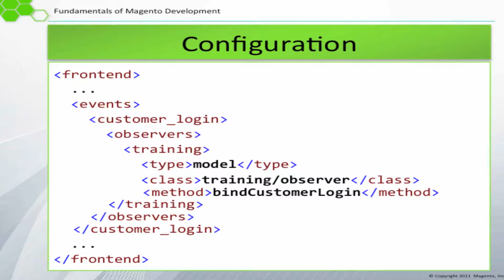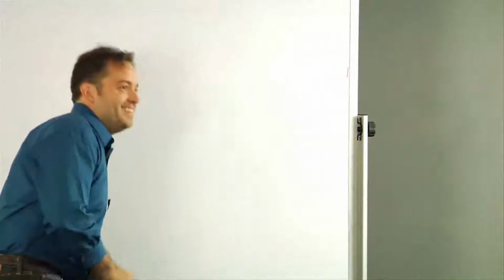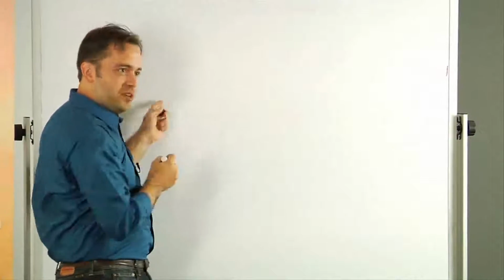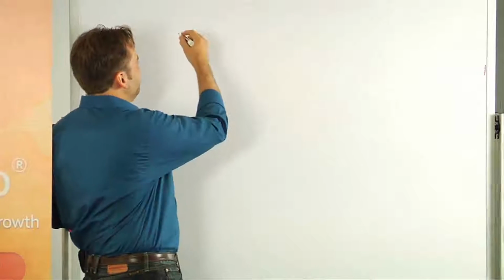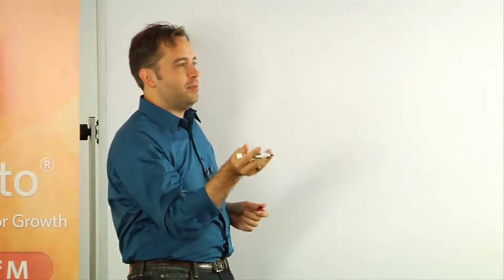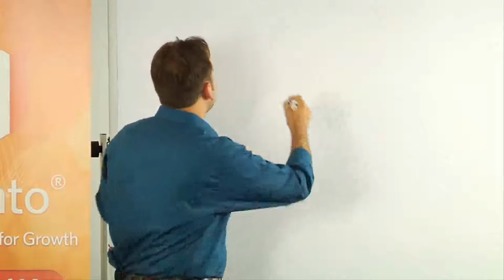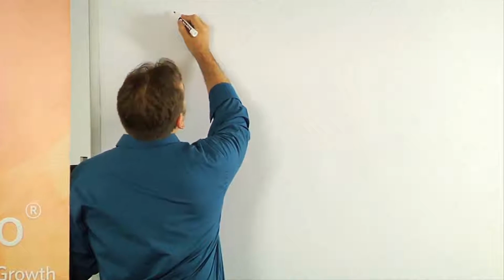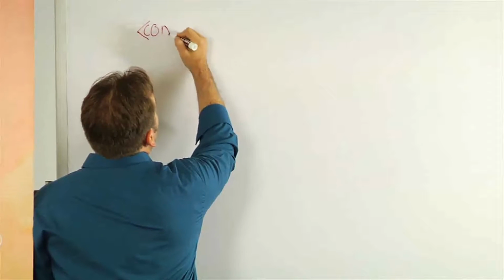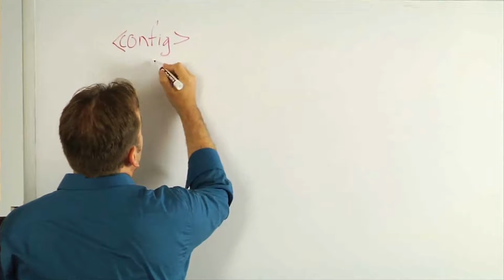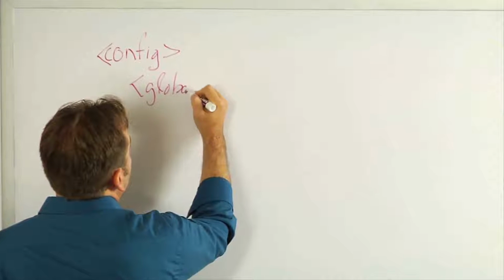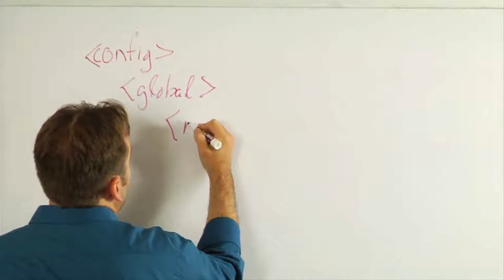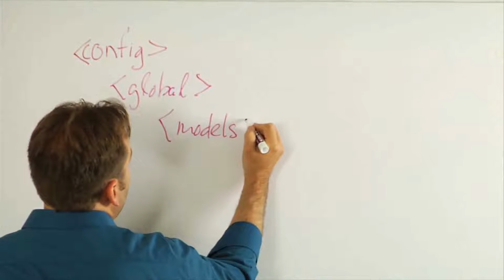There's no magic like it has to match your class group or anything, but by convention, you would want it to match your class group. So for me, we would have a permanent observers lesson right here. I tend to use, so say in my module configuration, config global models.